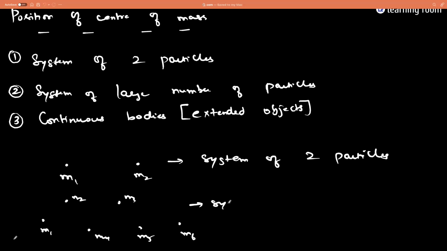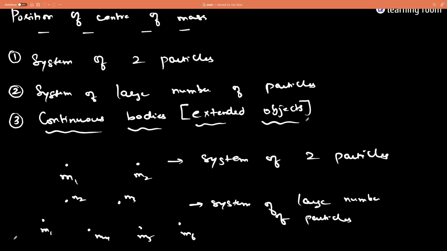This is called a system of a large number of particles. And if I take this pen into consideration, this pen is made up of multiple particles. So this pen can be treated as a continuous body, or it can also be treated as an extended object. Is the point clear? So we will start one by one.